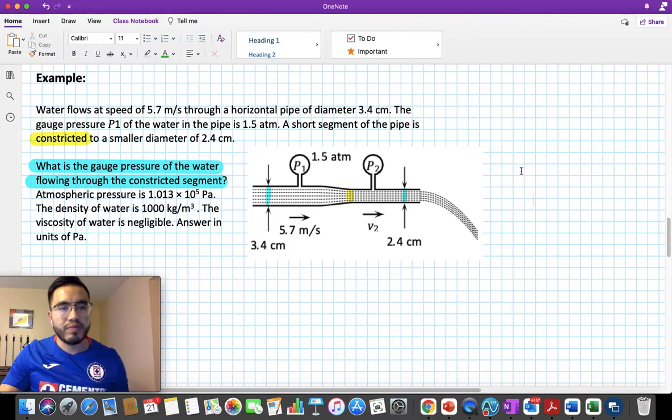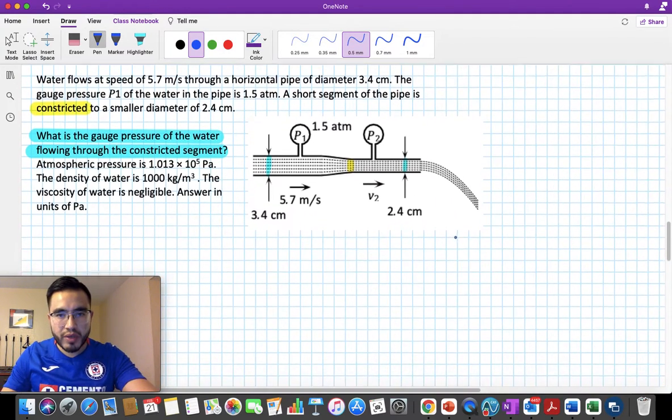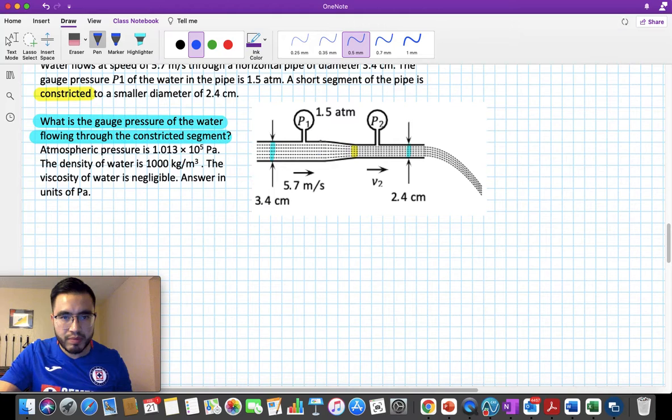That is what we need to find. Let us start with the given. Hopefully you can see that the pressure here will be lower than 1.5, because you have a higher speed. We learned that higher speed means lower pressure based on the cross-sectional area.